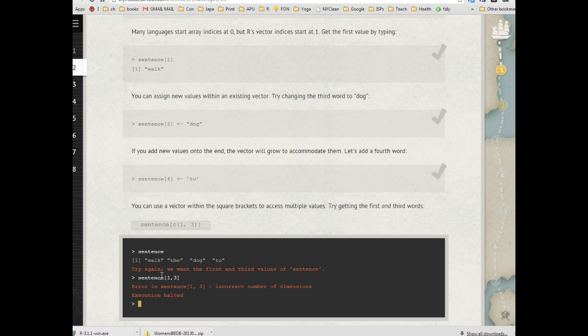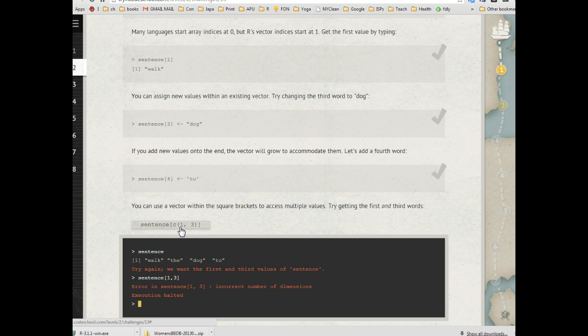This is called indexing or extracting. So do you see any round brackets here? Yes, why? Because we're using what function? The combine function, so that means round brackets. What does the C give me? It gives me a vector.